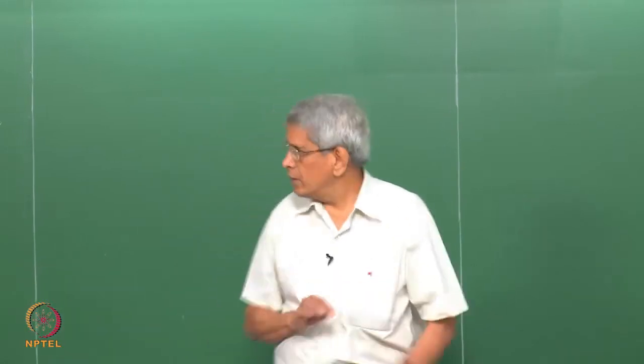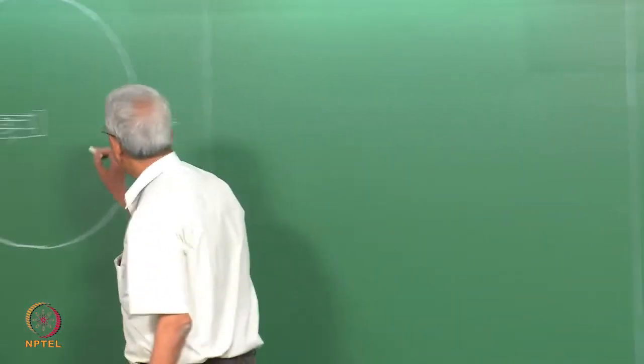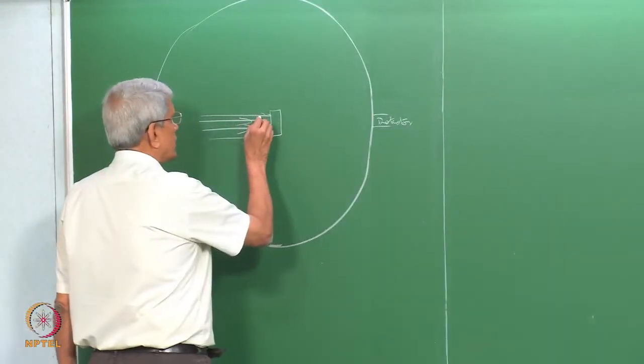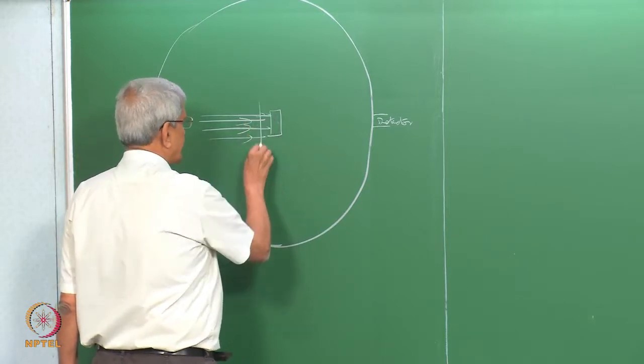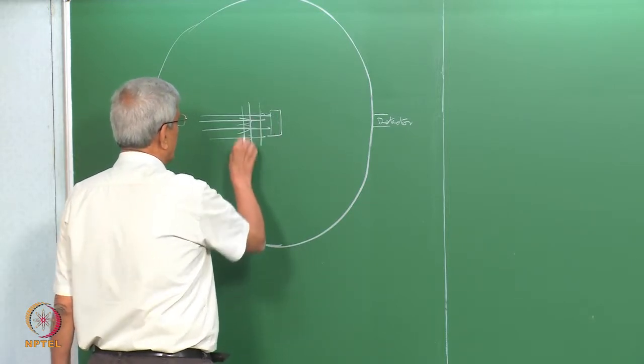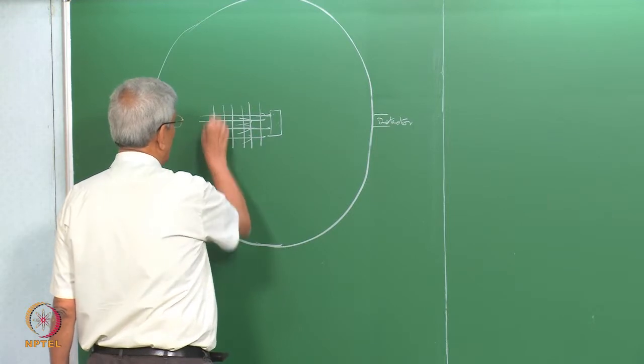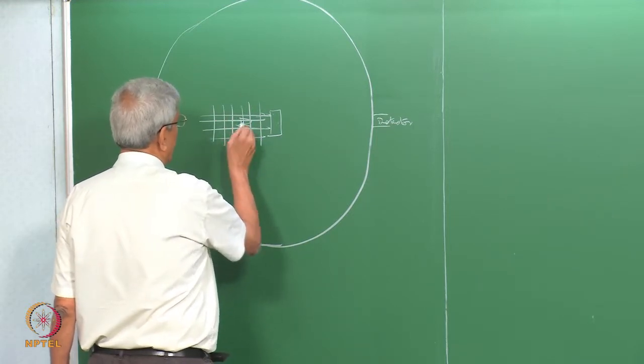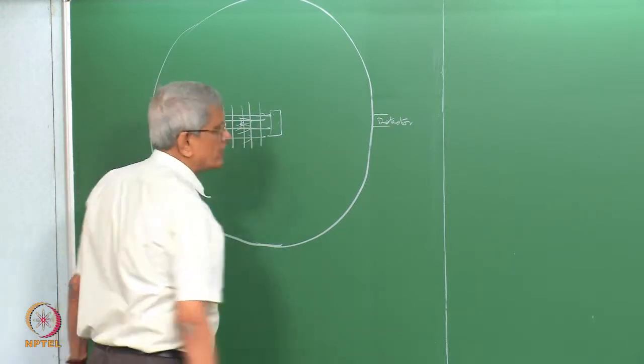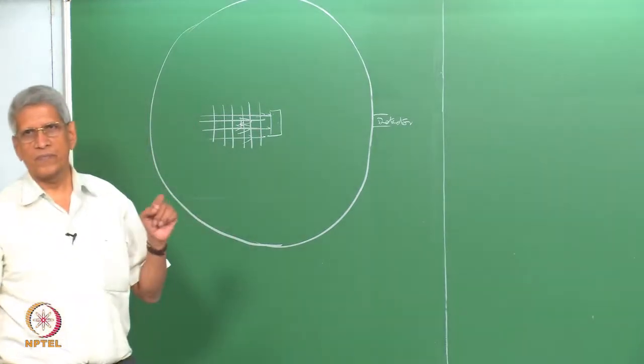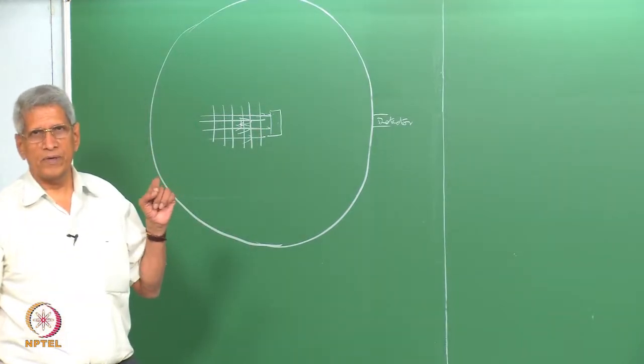Okay. So, the next question which comes is, if the beam can be considered as a plane wave traveling in this direction k, how do you define the wave vector of the plane wave?